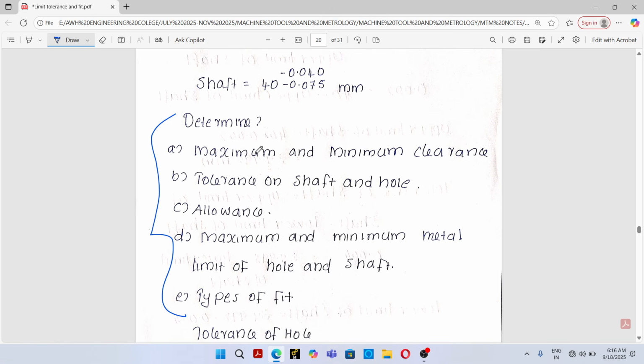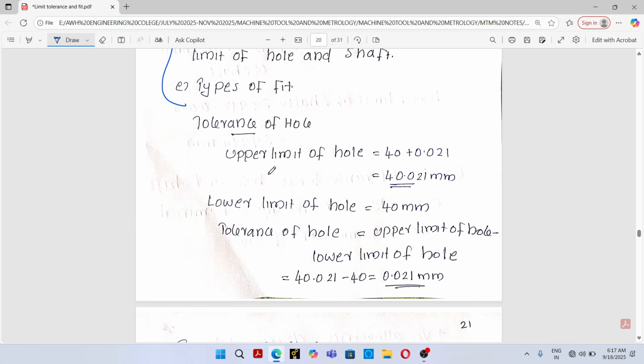That is, maximum and minimum clearance we have to find. Then tolerance of shaft and hole. Then the allowance, maximum and minimum metal limit of hole and shaft, and determine the type of fit. Okay, first one, tolerance of hole. Tolerance of hole means upper limit of hole minus lower limit of hole.